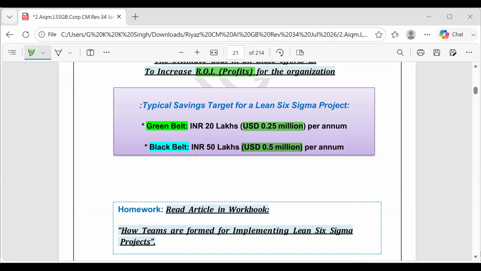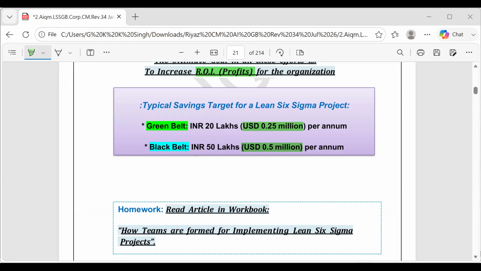Total available technician hours was 1664. So the increase in revenue was 1664 into 145, so that's about 4.3 million riyals.